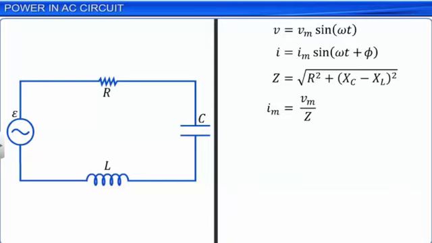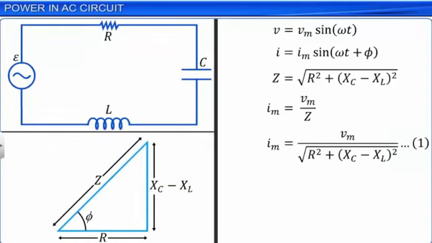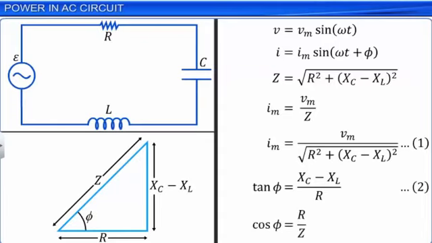Substituting the value of Z, we get Im as in equation 1. From the impedance diagram of an LCR circuit, tan phi is equal to (XC minus XL) by R. Let this be equation 2. And cos phi is equal to R by Z. Let this be equation 3.